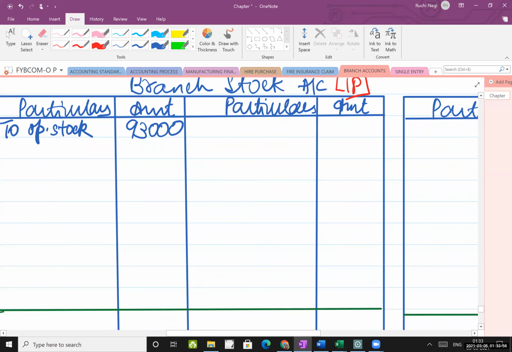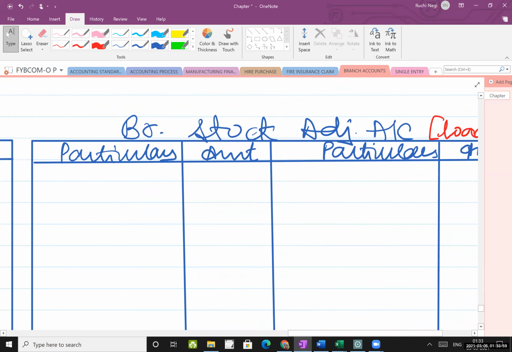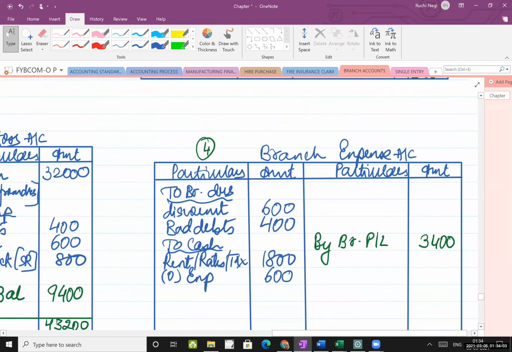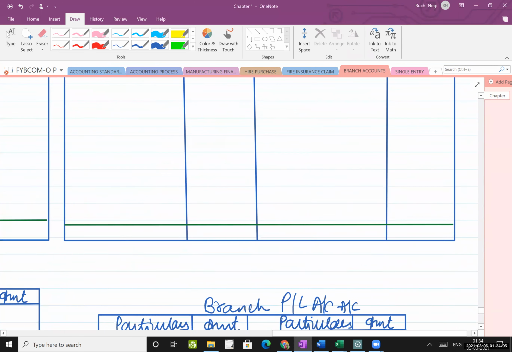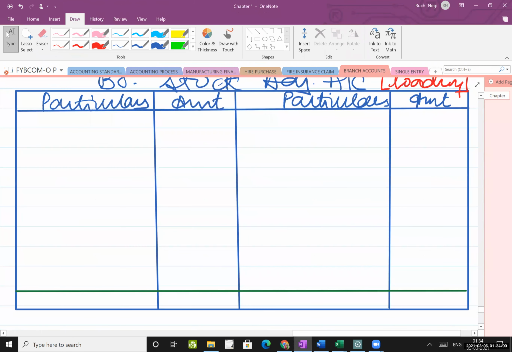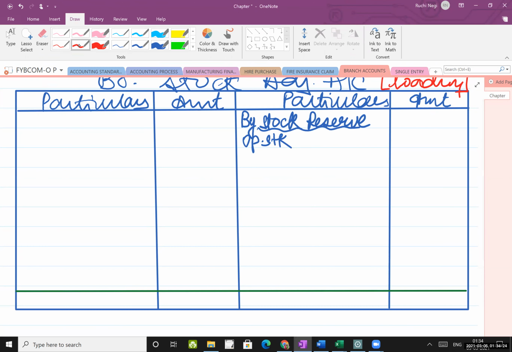Its loading will come, obviously, in the branch stock adjustment account on the opposite side, under stock reserve. So I'm writing here by stock reserve. This is the opening stock.